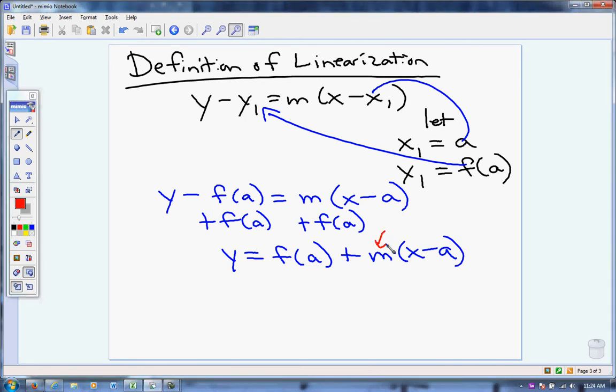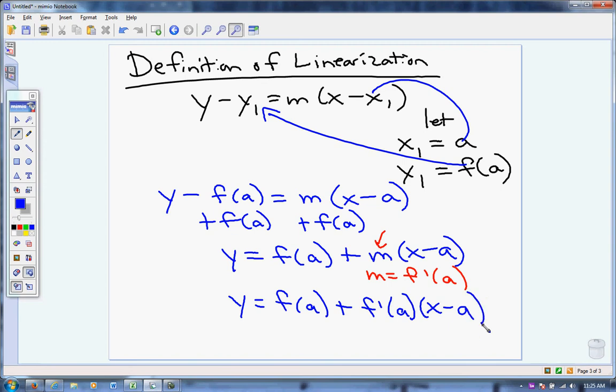How can I find the slope of the tangent line? Find the derivative and then plug in the value, right? So m is equal to f prime of a. That's something we know to be true. So guess what we've got now? y equals f of a plus f prime of a times x minus a.